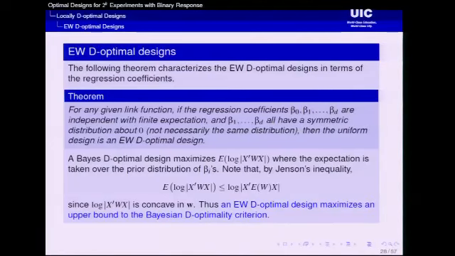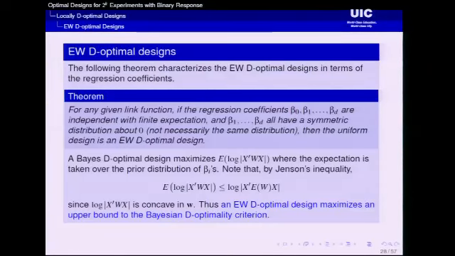Suppose we want a Bayes D-optimal design, which means that you take the D-optimality criterion, take the log, that's the standard thing to do, log of the determinant for various reasons, and then take the integral of that, or the expectation of that. You can show by Jensen's inequality that this is less than or equal to this.